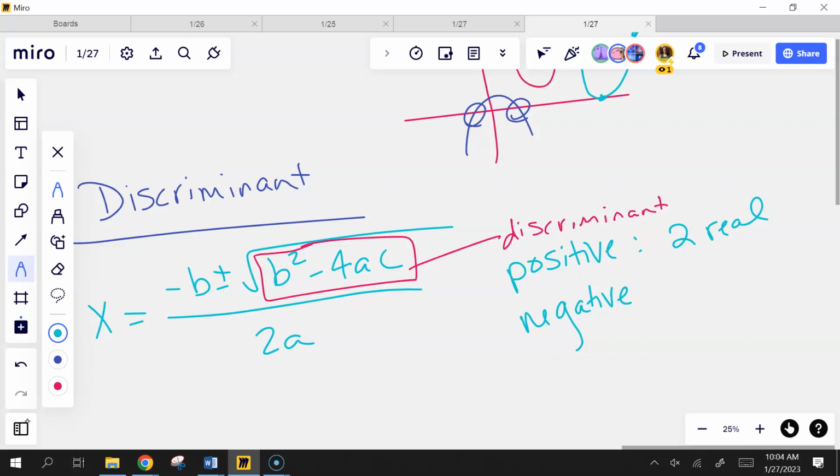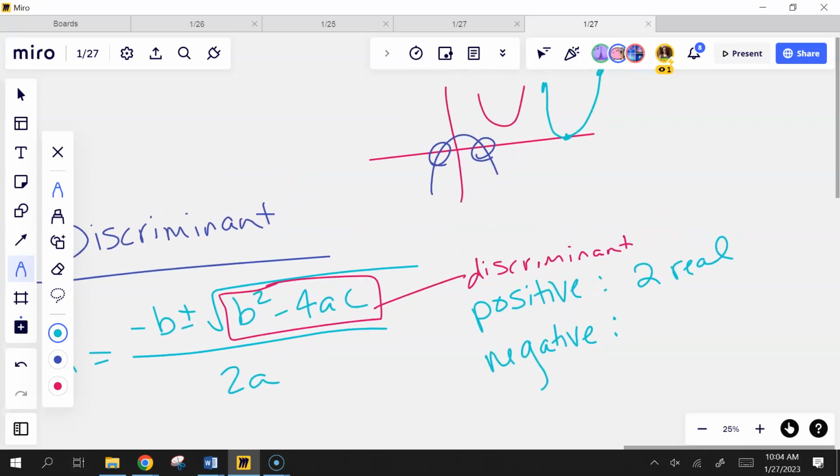Plus or minus 2. What happens if you take the square root of a negative number? It's imaginary. How many imaginaries do you get? 2. Right? Don't I still do the plus or minus because I took the square root? So I get 2 imaginary numbers.